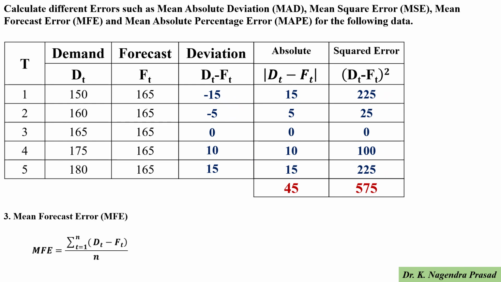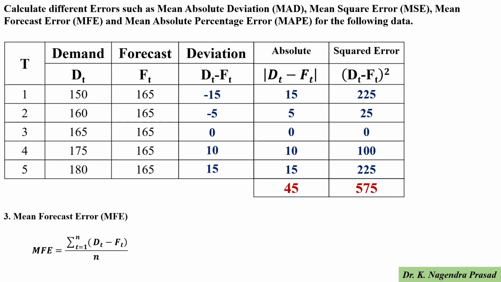Next we will calculate the mean forecast error. We know that mean forecast error, MFE, equals the summation of t equal to 1 to n of dt minus ft, divided by n. Here it is not the absolute error; we have to consider only the deviation.